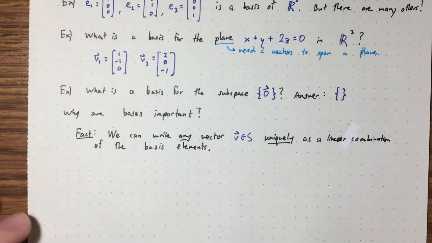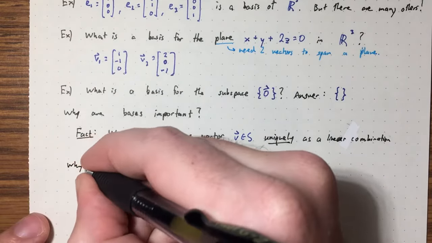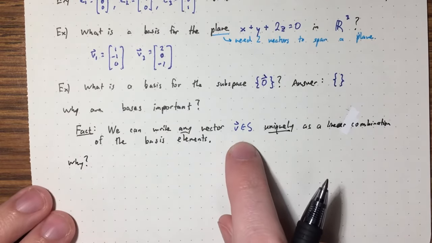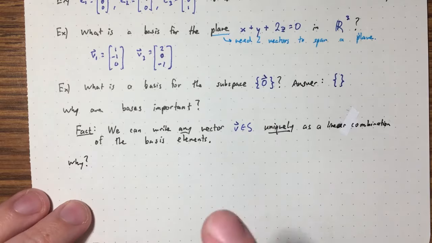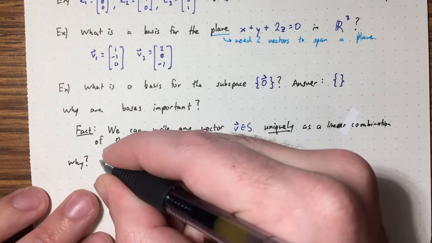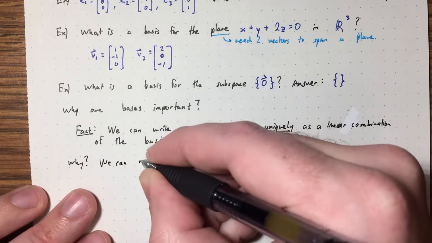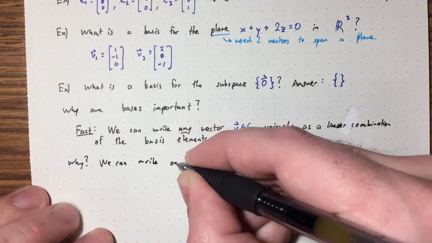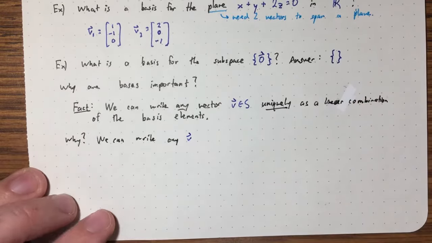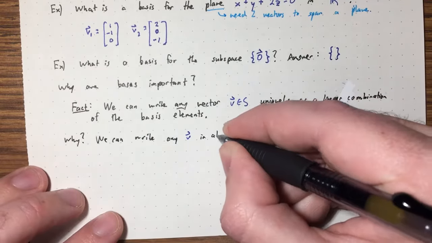So why is this true? Well, can we write anything uniquely? Well, first of all, the basis elements span, right? So first of all, we can write any v in at least one way.